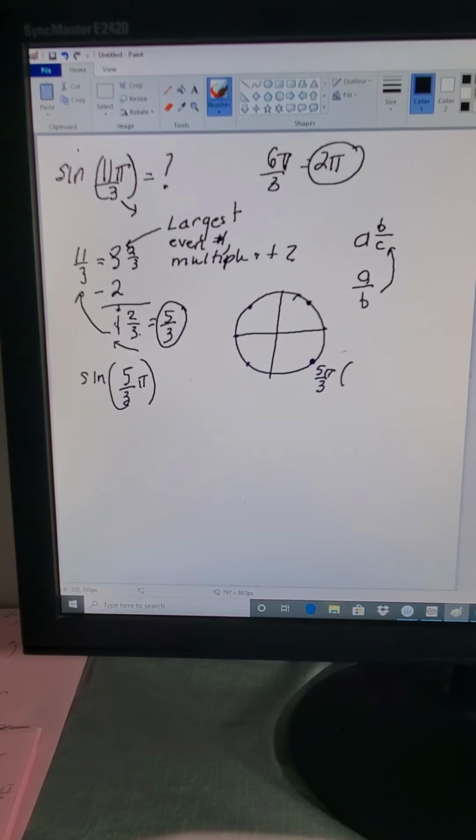The coordinates of 5 pi over 3, hopefully you can remember the trick: if the denominator is 3, the first coordinate is 1, 2. So 1, 2, 3. I always try to remember it that way. And square root of 3 over 2, positive or negative. So we have negative here. So the sine of 5 pi over 3 is negative the square root of 3 over 2.